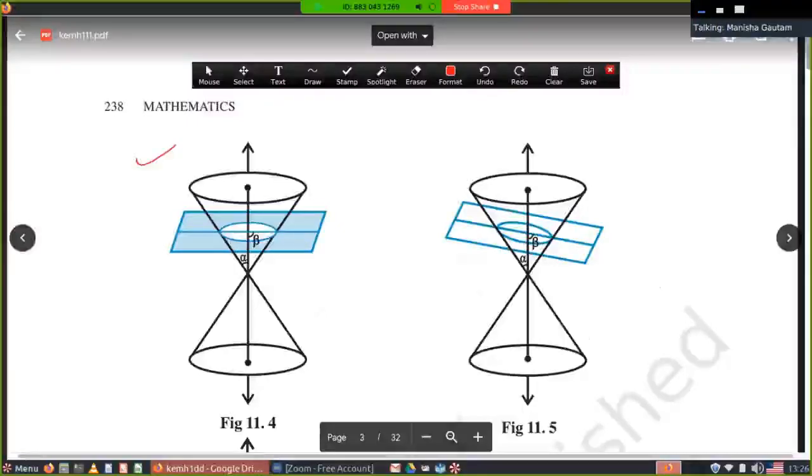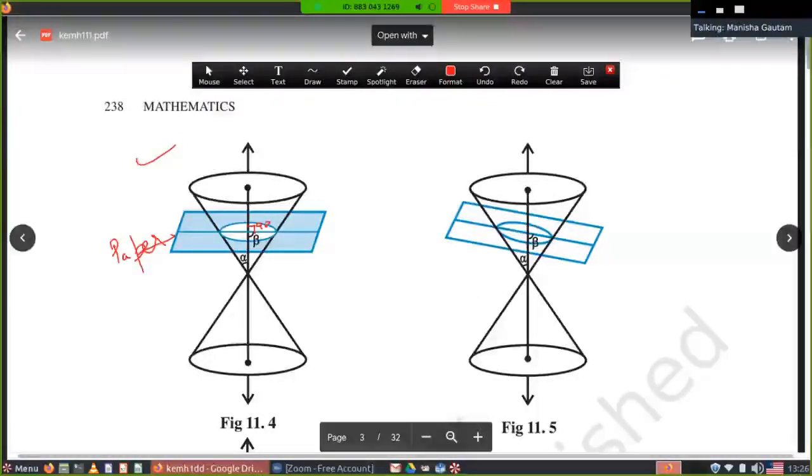This plane, you can say this is a plain paper, is cutting the cone, and this beta angle means what? The plane is perpendicular to the axis of the cone. Then I can mark here the angle, this one is 90 degrees, because the plane is perpendicular to the axis.